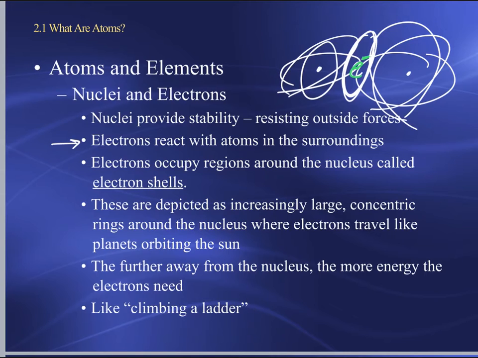So the electrons occupy regions around the nucleus called electron shells. We call it the electron cloud if we're referring to just the general region of where they are, but they have shells that they build outward from the center, which we'll see a picture of on the next slide. These are depicted as increasingly large concentric rings around the nucleus, where electrons travel like planets orbiting the sun.